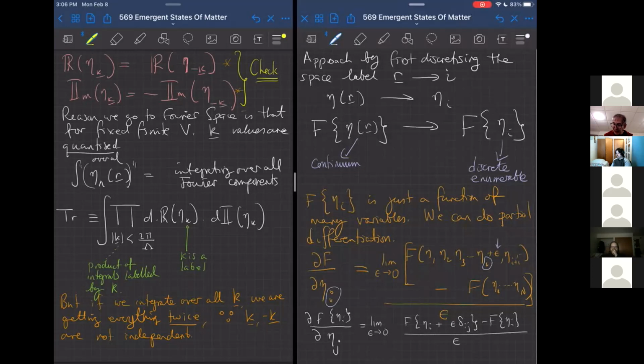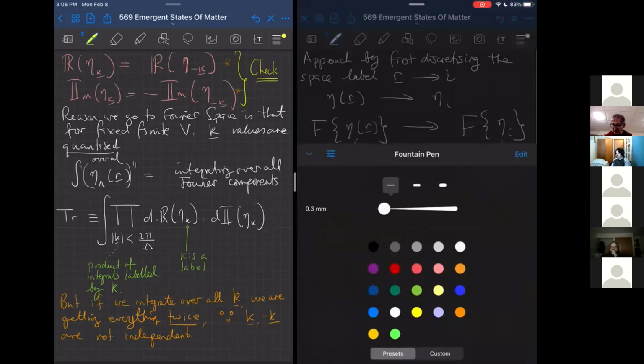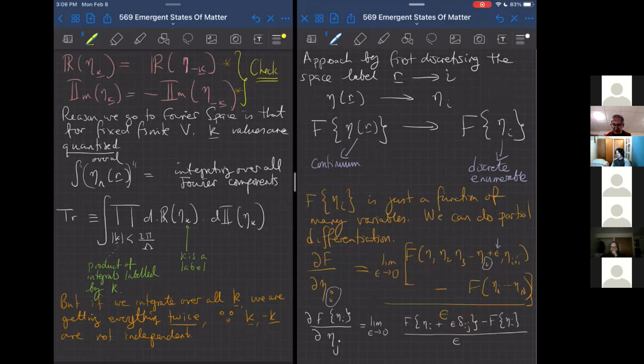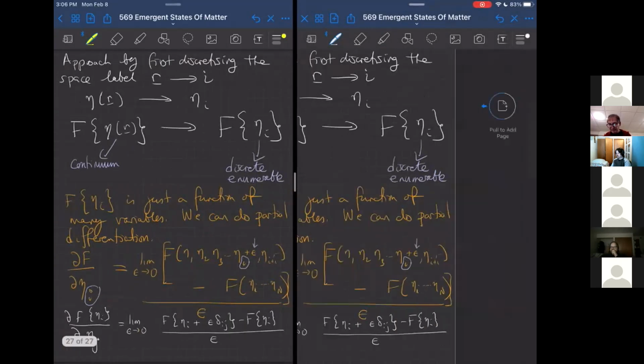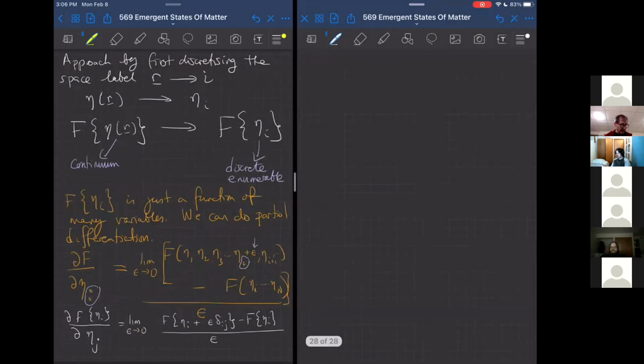And here delta ij is just the usual Kronecker delta. So delta ij is equal to 1 if i is equal to j and 0 otherwise. Okay, so that's how I would write down a partial derivative.